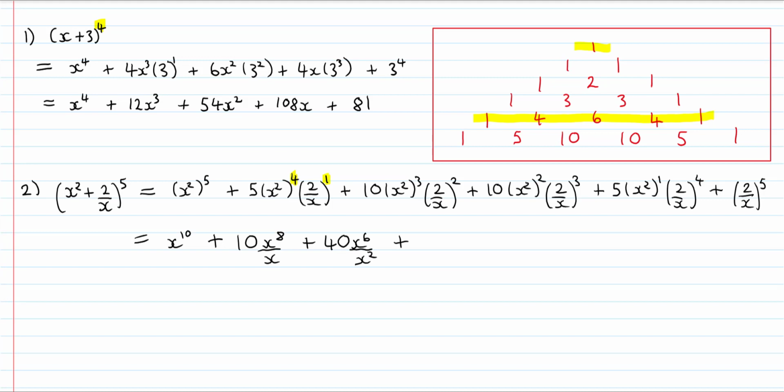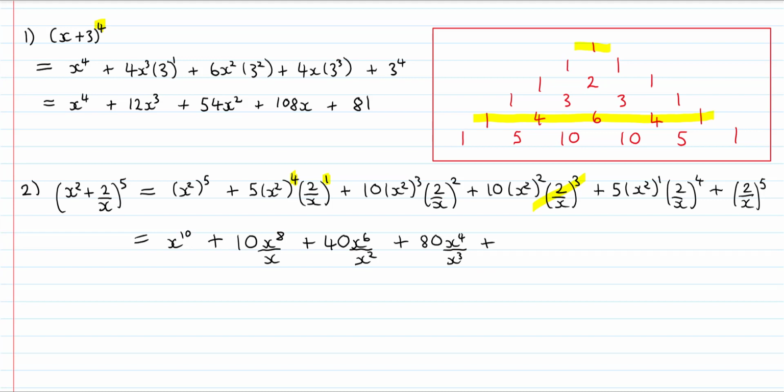And then the next term, so all 2 over x all cubed, so it's going to be 8 over x cubed, so 10 times 8 is 80, and then it's going to be x to the power of 4 over x cubed.